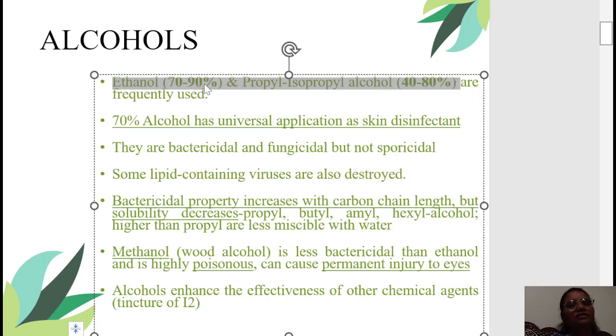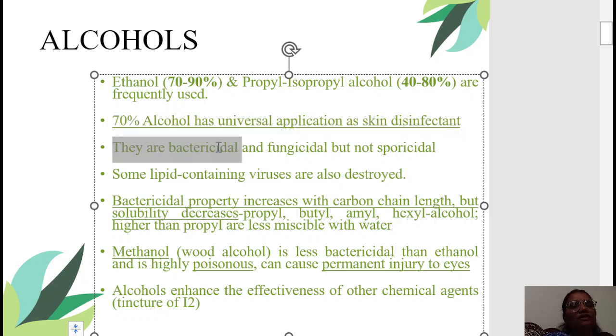We can understand from this that isopropyl alcohol is utilizable in a lower concentration range than ethanol. We also know that 70% alcohol or ethanol is commonly used as a spirit or skin disinfectant.